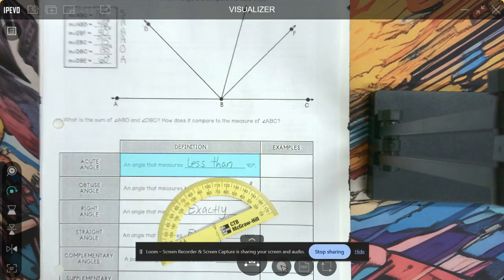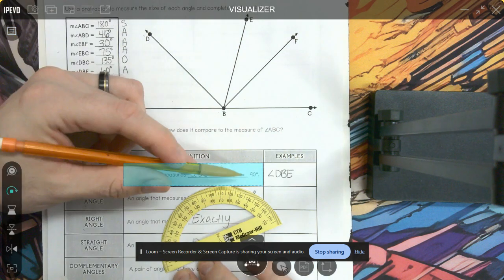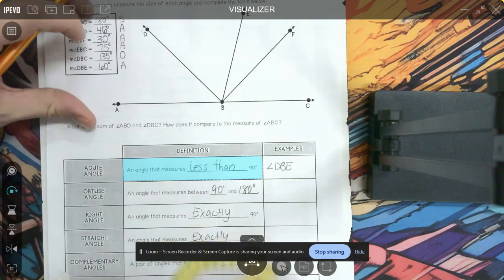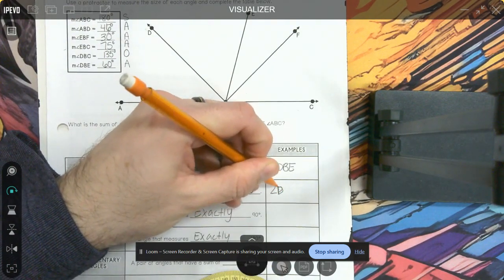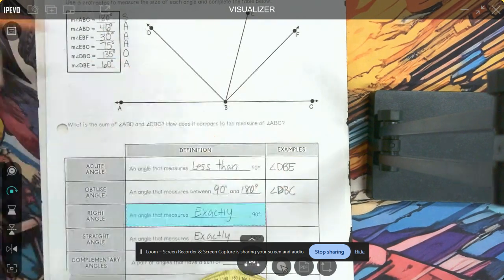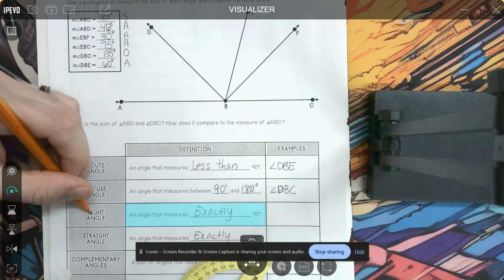So for an example of an acute angle, pick one of these points. One of the acute angles was DBE. So we're using angle DBE as an example of an acute angle from our protractor measurements. An obtuse angle was angle DBC. Right angle, do we have any right angles?